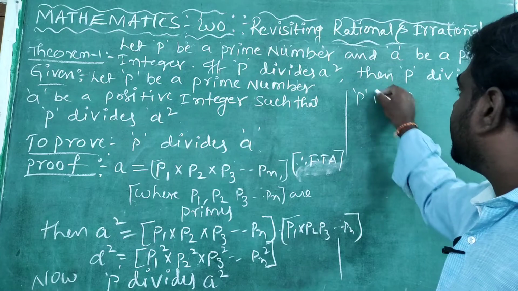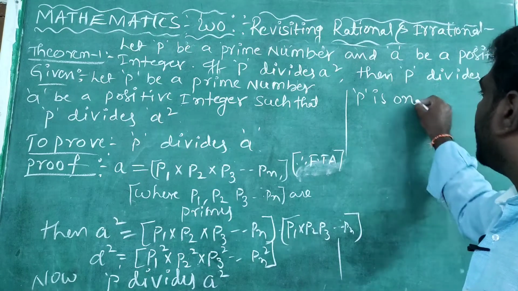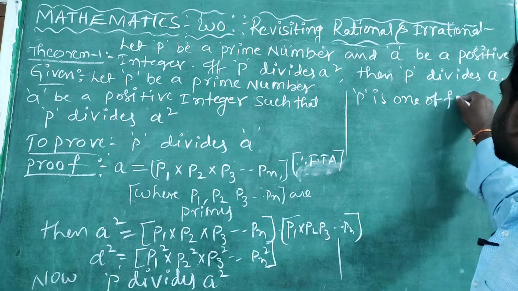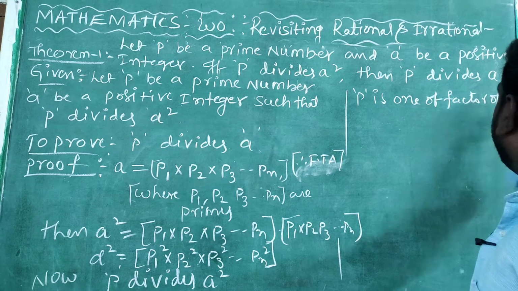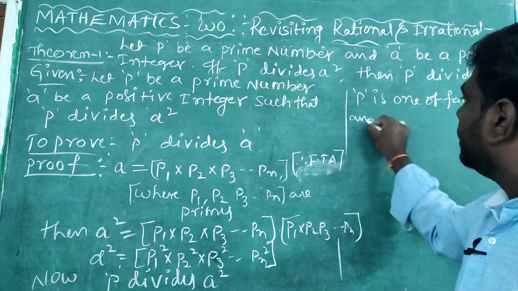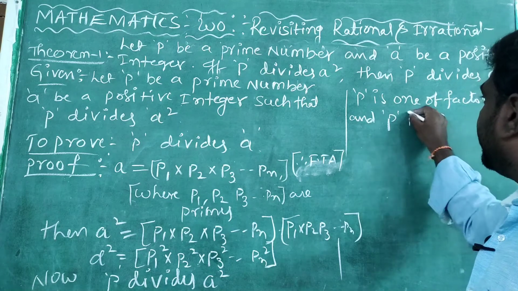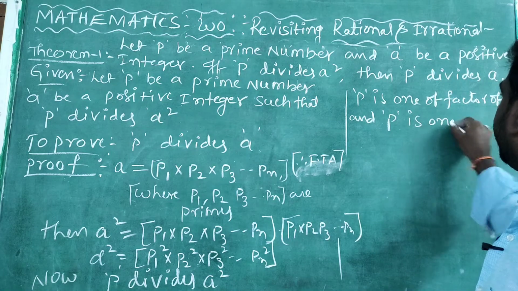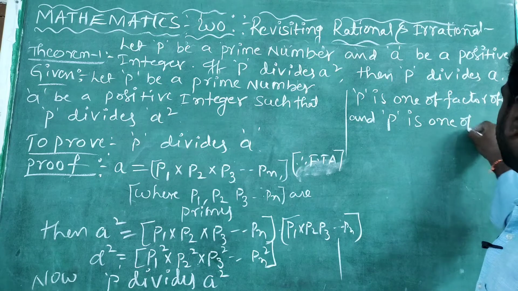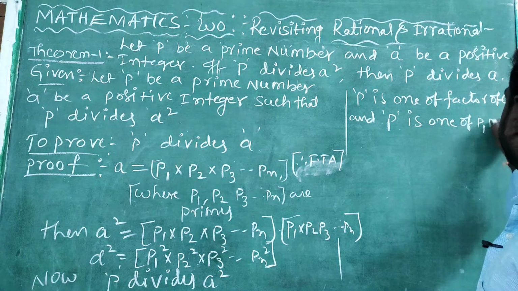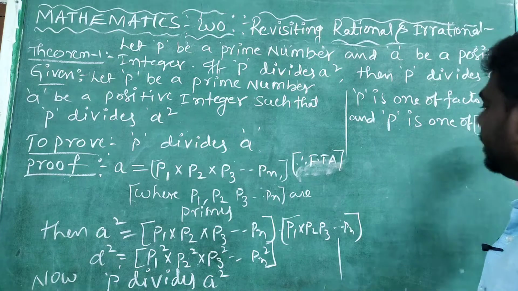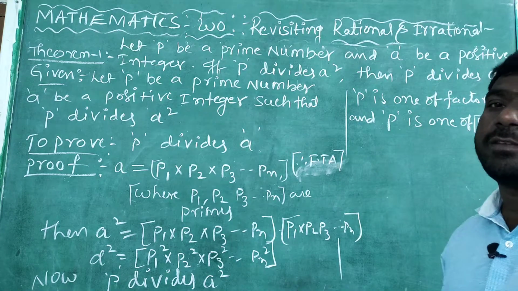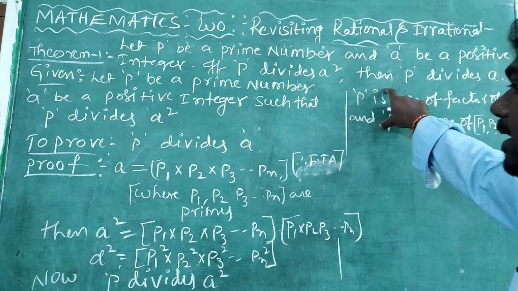So P is one of the factors of A square and P is one of P1, P2 and so on Pn. Then only P divides A square, otherwise no. Remember this condition here.